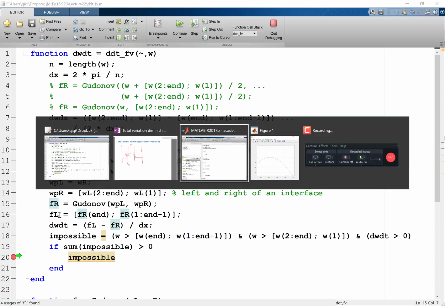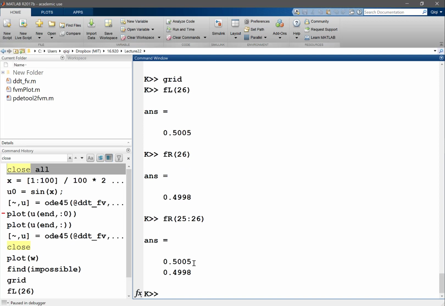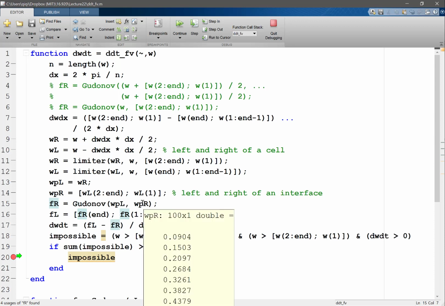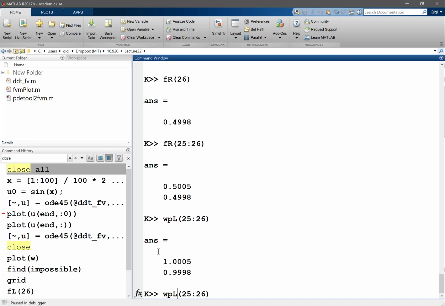So basically we actually would want to look at FR 25 to 26, right? So the first number, which is the flux on the left, being higher than the number on the right, is the source of the problem. And the inputs to the flux computation are WPL and WPR. So let's say WPL, which is on the left of the interface, is this, and the WPR on the right of the interface is this.